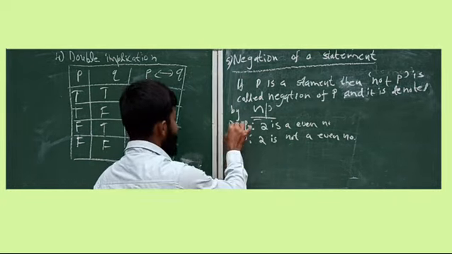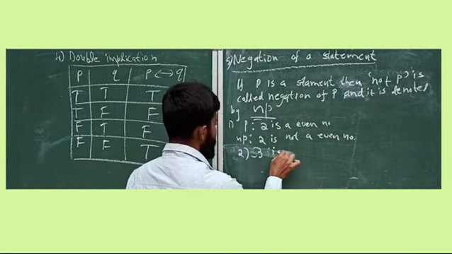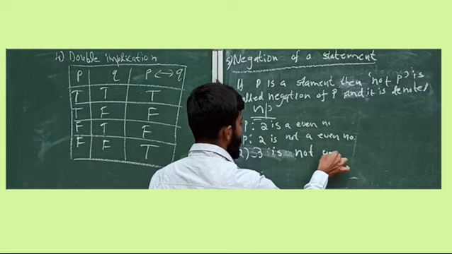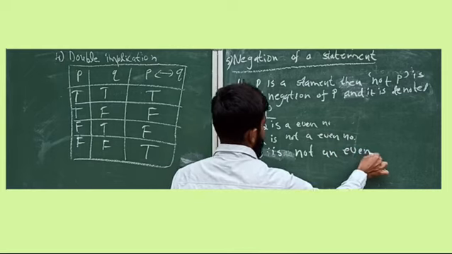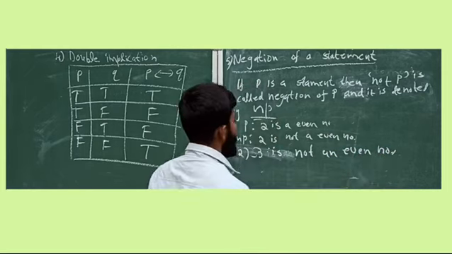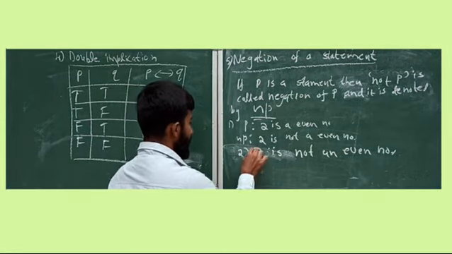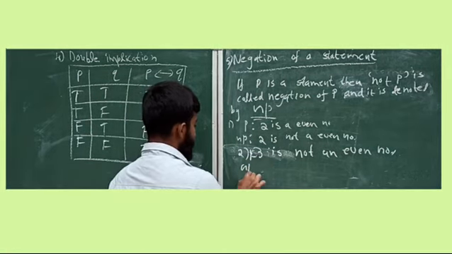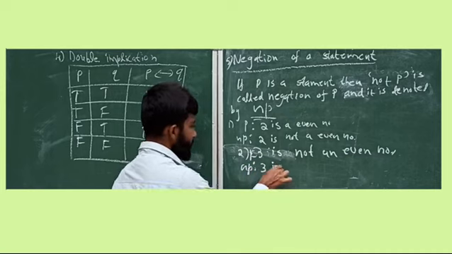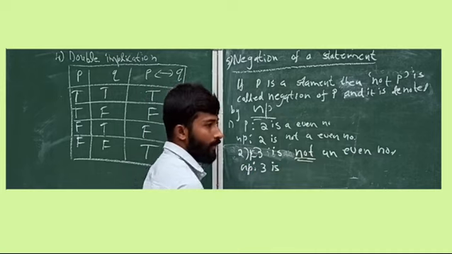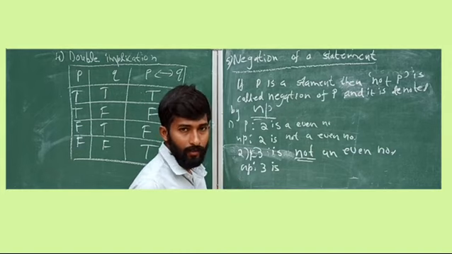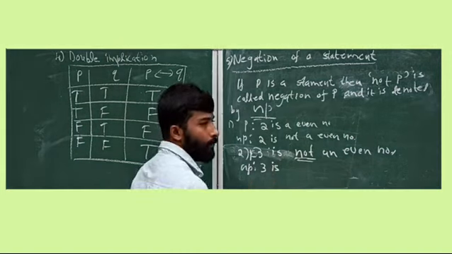See the second example. 3 is not an even number. What's a negation? Negation means not P. Take it as P. Negation P is, here not is given, right? You can't write not an even number. You need to oppose the given statement.